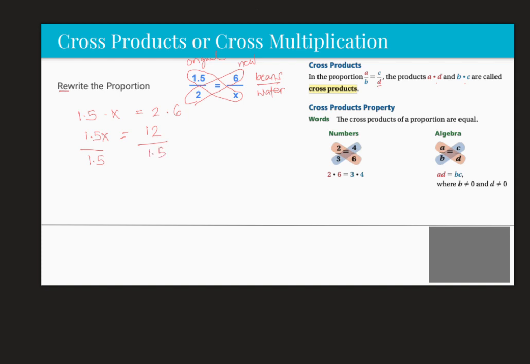So 1.5 and 1.5, if you divide them you get 1, so this basically cancels out, and it's going to be x and then 12 divided by 1.5, we should get 8. Okay, so our solution to this proportion is x is equal to 8.